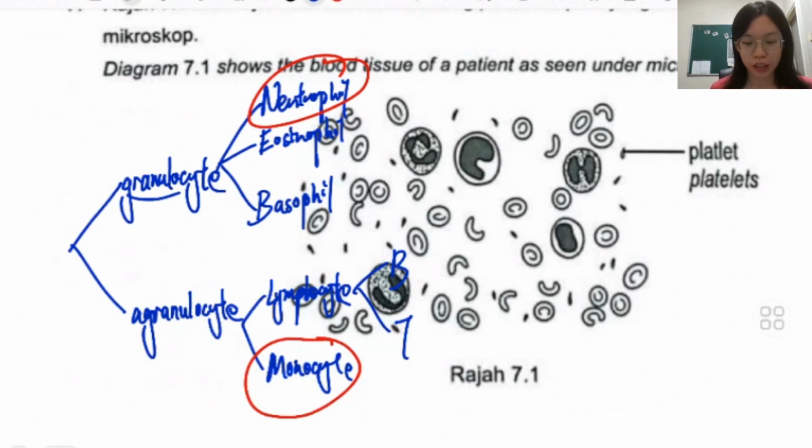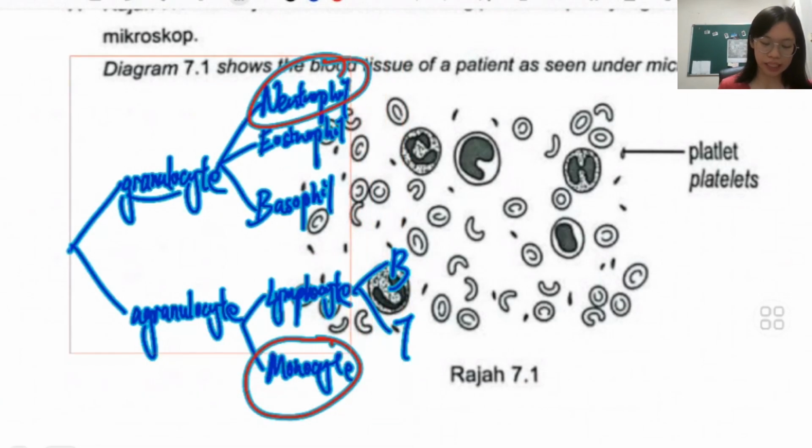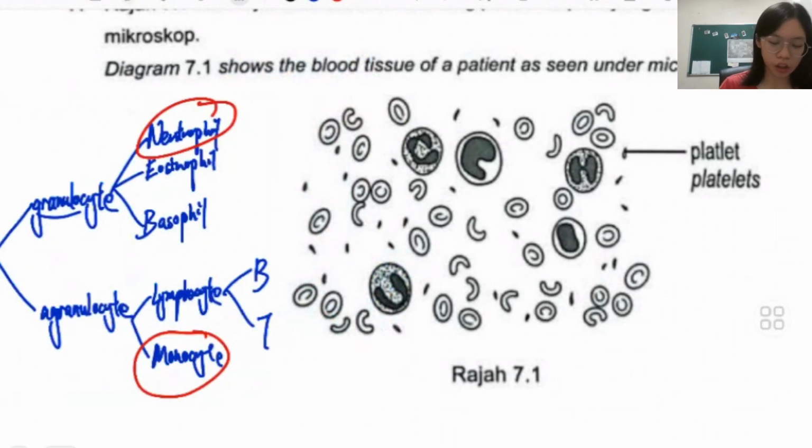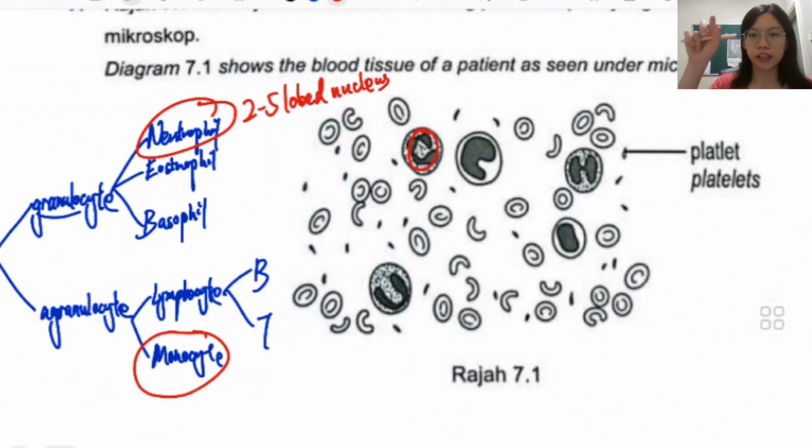So we actually learn how to see them. How are you going to see them? Neutrophil consists of 2 to 5 lobe nucleus. So this whole thing is counted as one nucleus, just that the nucleus got lobes.